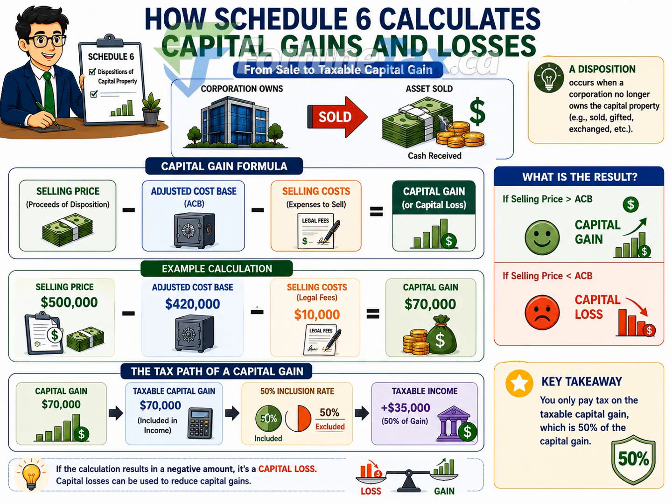Only 50% of that amount, or $35,000, is included in taxable income and becomes part of the corporation's tax calculation. The key point to remember is that Schedule 6 calculates the capital gain or loss, but only the taxable portion of a capital gain is ultimately included in the corporation's taxable income.